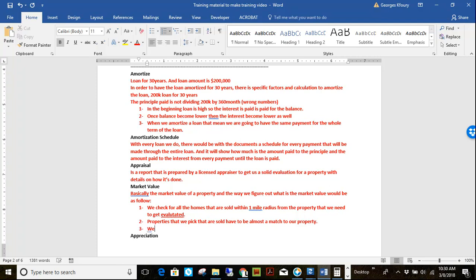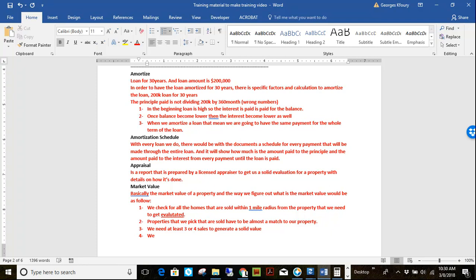Three, we need at least 3 or 4 sales to calculate and generate a solid value.